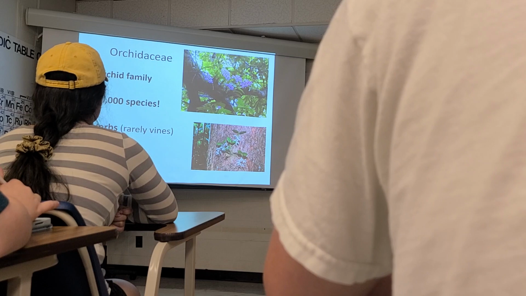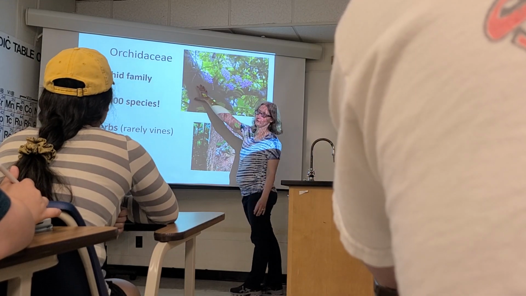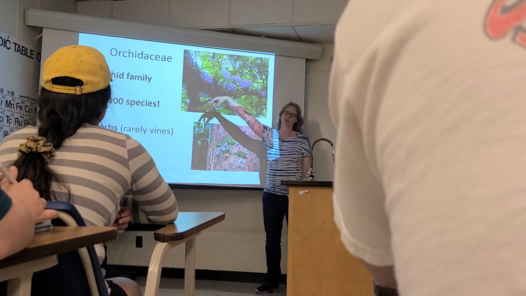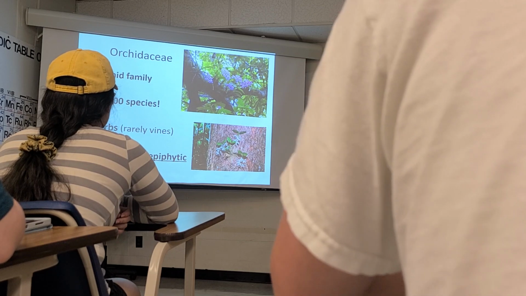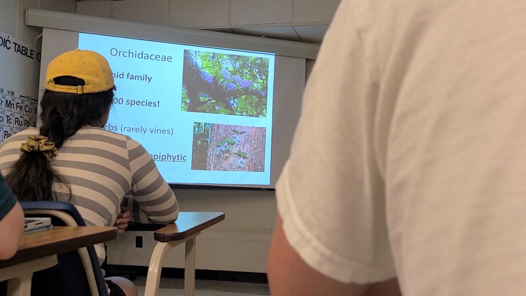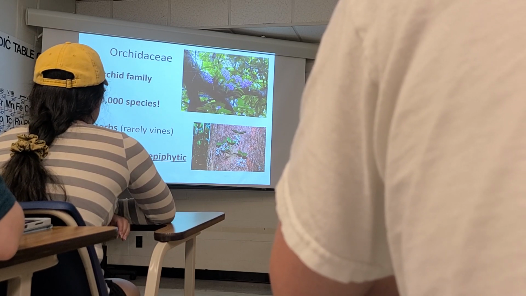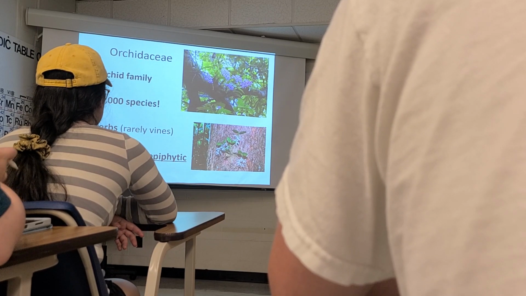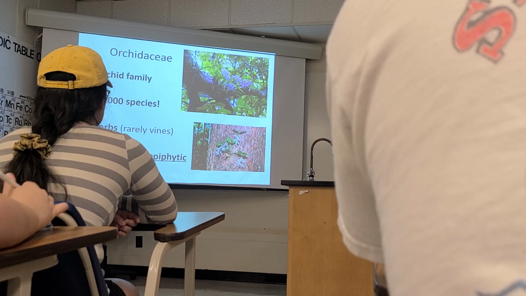Not trees though. So what you're seeing up here, this tree here is a different species. The orchid is actually sitting on it, because many of them, as we're going to find out, are epiphytes. Epiphytic, remember, is going to be a plant that is growing on either another plant or a surface above the ground for support, but does not draw any nutrients or water from that plant that they're sitting on.